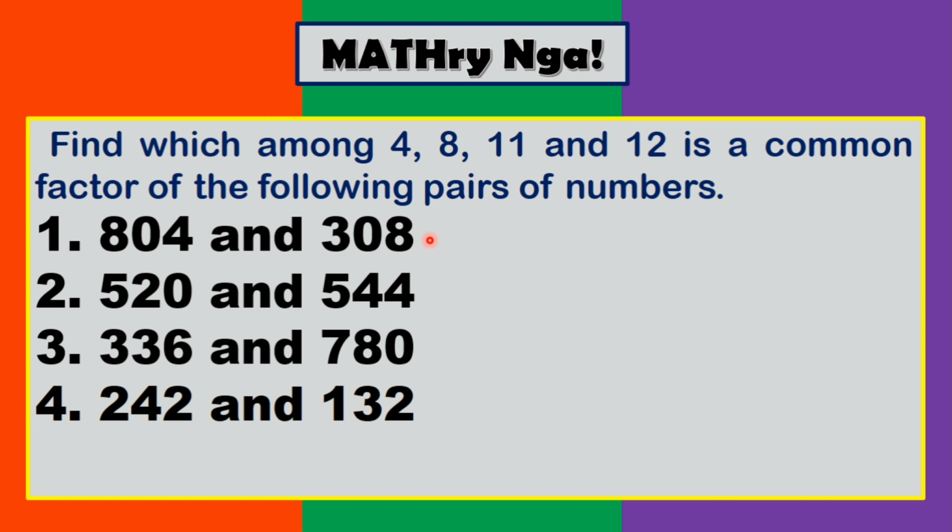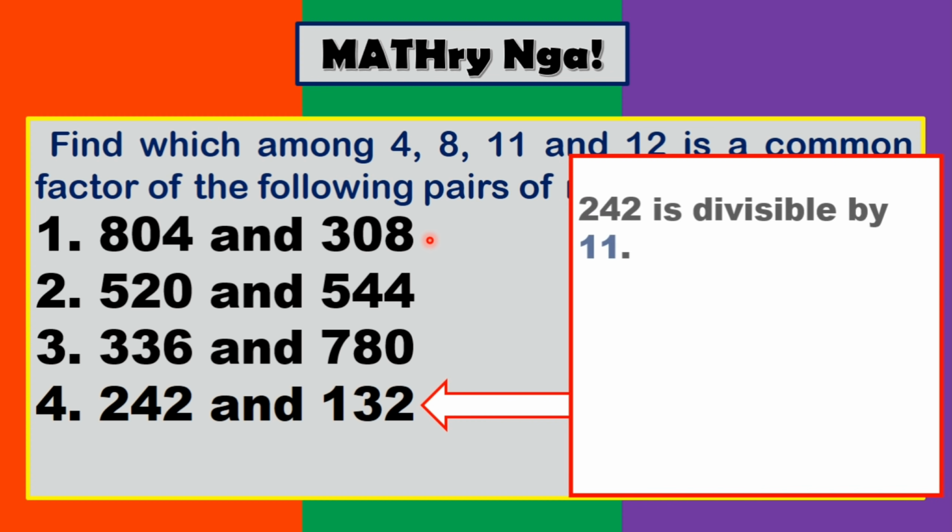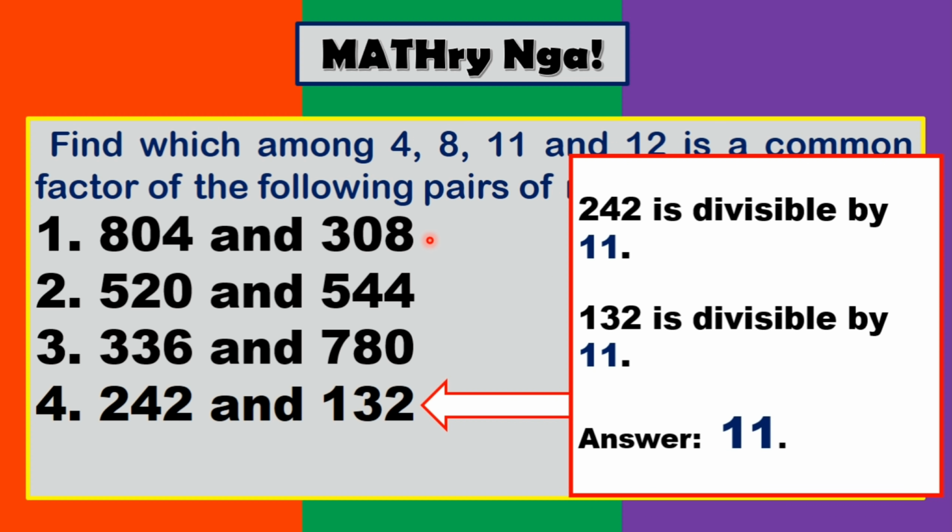Alright, I think you are done and let's check and compare our answer. 242 is only divisible by 11, while 132 is also divisible by 11. Therefore, their common factor is 11. You got it? Congratulations!